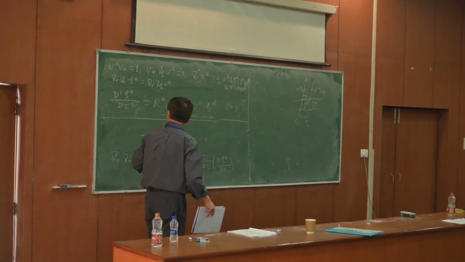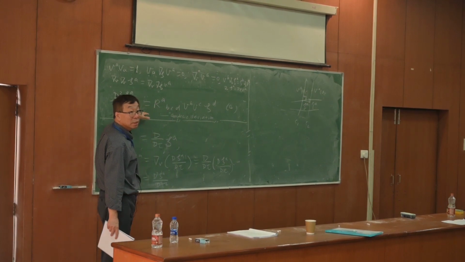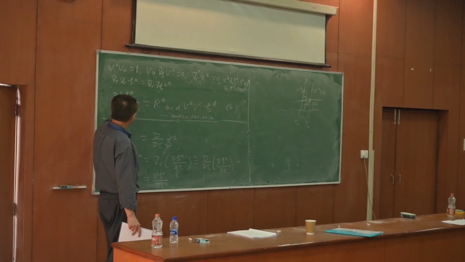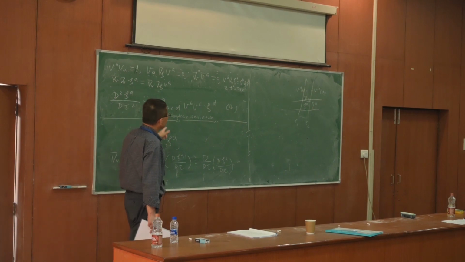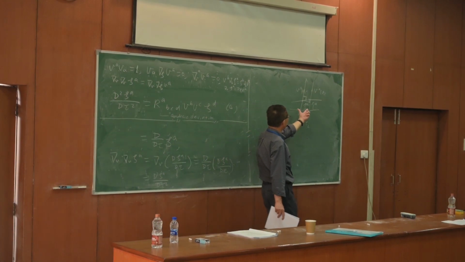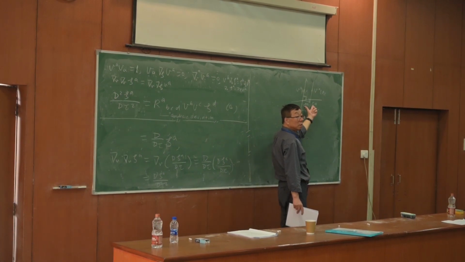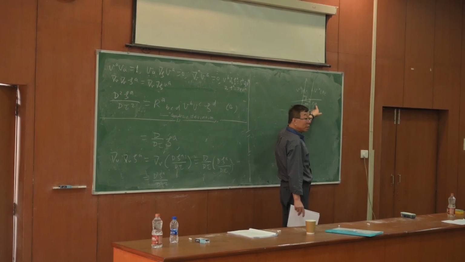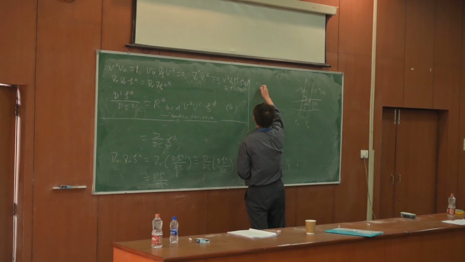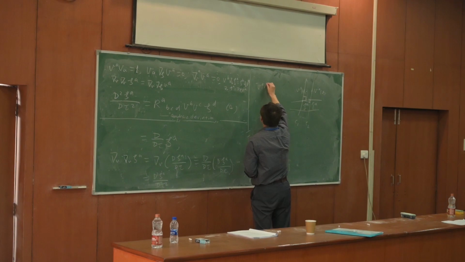Our goal is, this is the geodesic deviation. This is a side connecting nearby geodesics. But now we want to write the geodesic deviation in terms of eta, where V dot eta equals 0. Why?